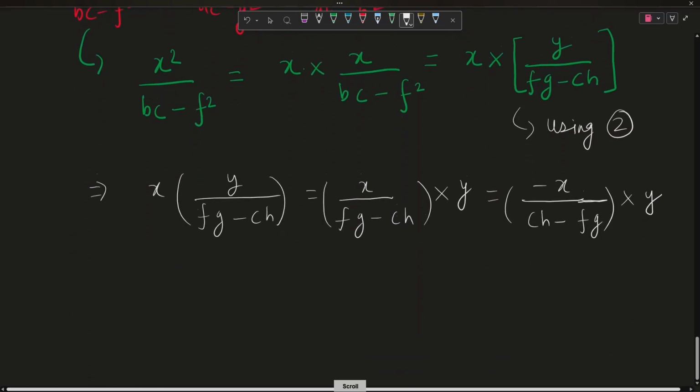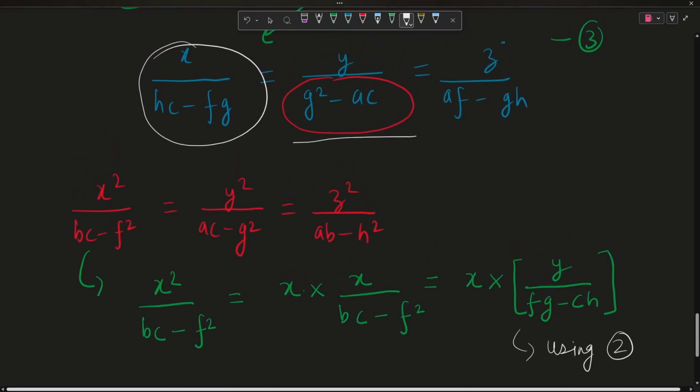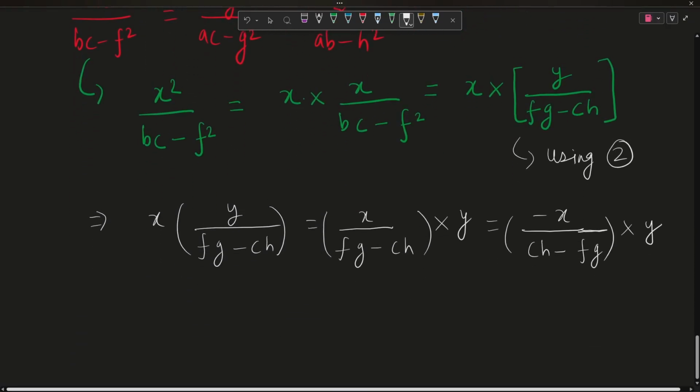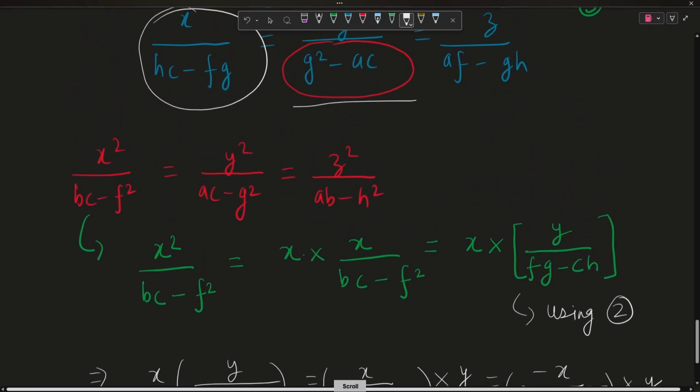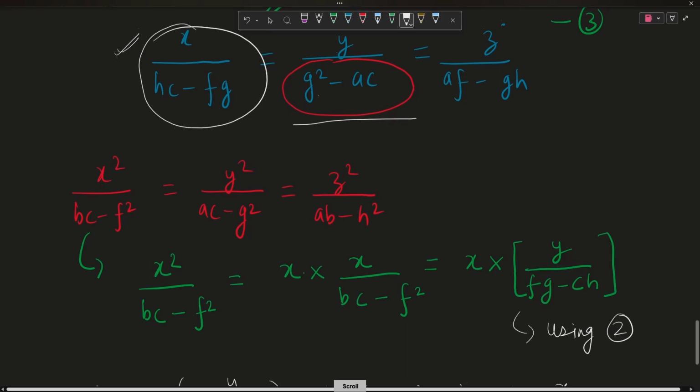So I'll substitute the values. Now, minus x upon ch minus fg into y. X upon ch minus fg is nothing but y upon g square minus ac.